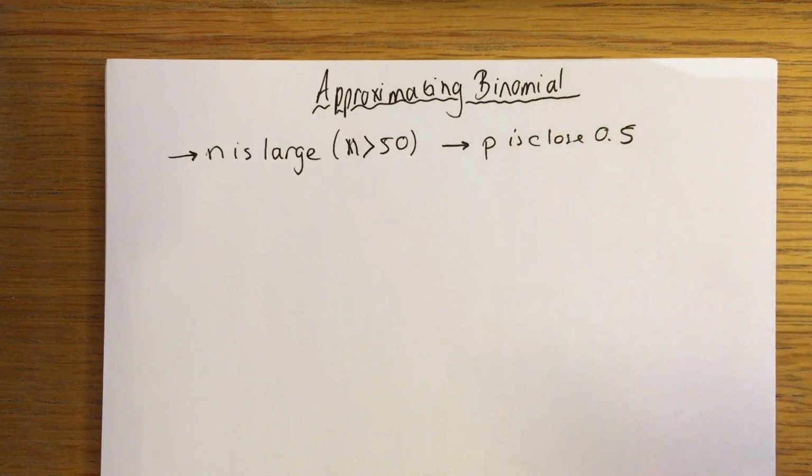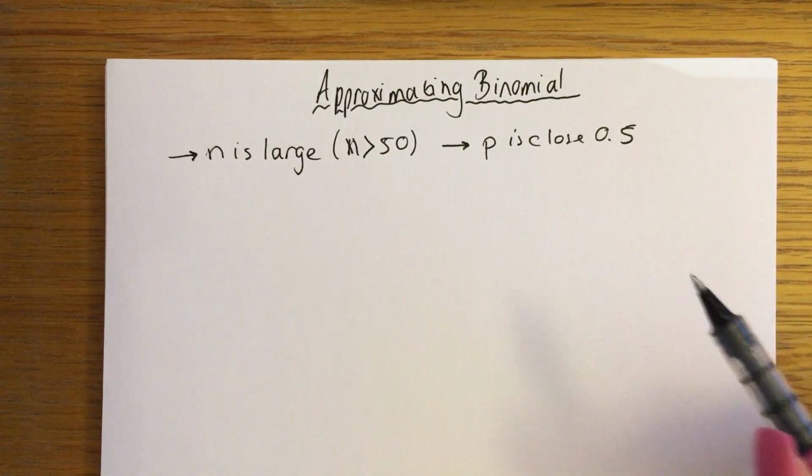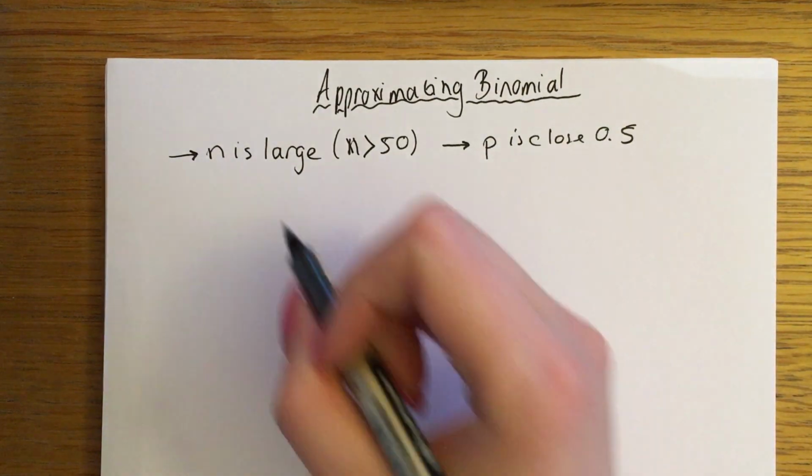So we can use a normal distribution to approximate a binomial in these cases.